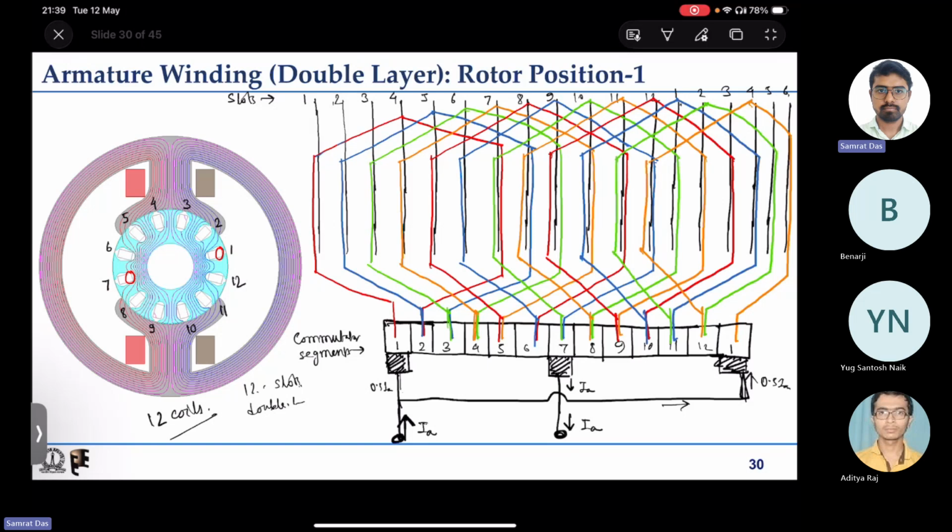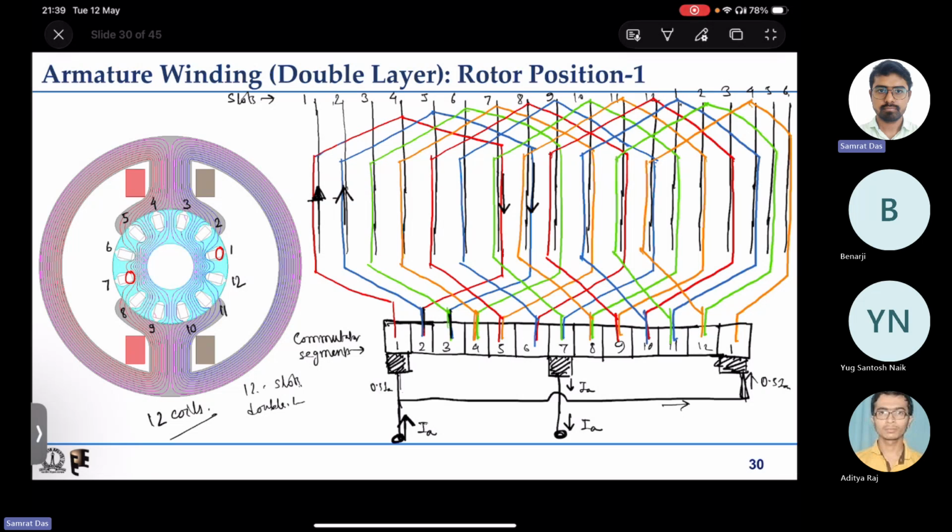So let us start here. Ia by 2 will enter and flow like this, it will come back and flow like this is the red one, then it will come back to the segment 2. Here it is shorted, no other brush is connected, so it will come and go like this, and again to the blue one it will come back like this.